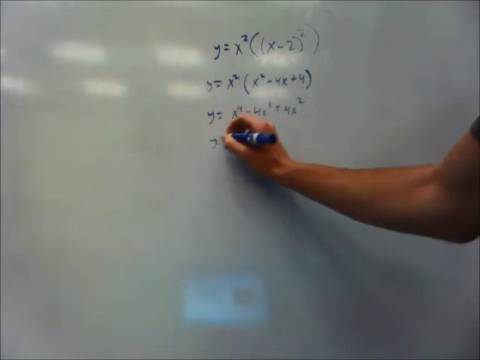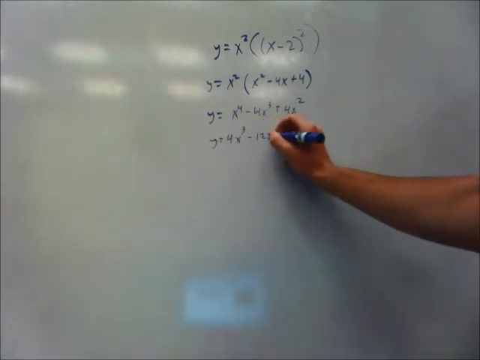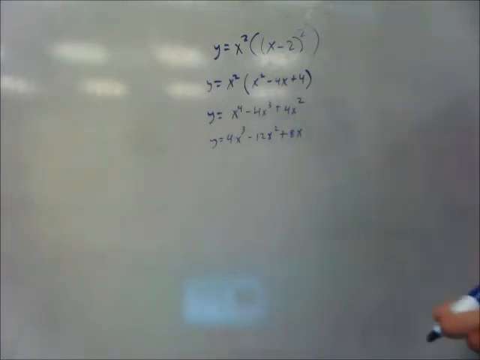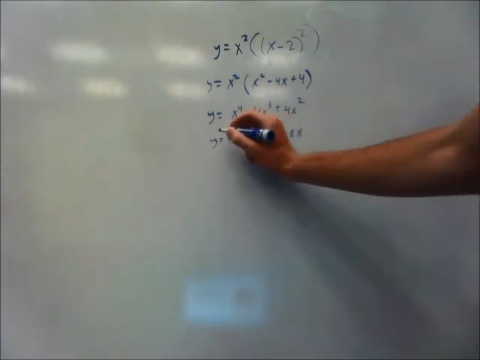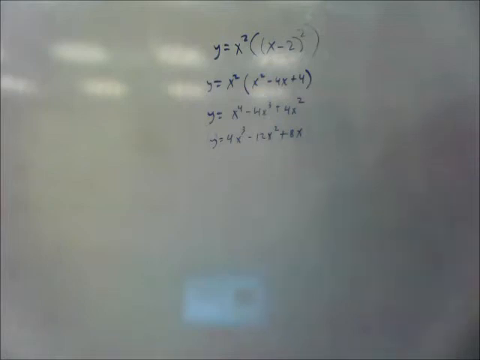And then from there you would just say 4x to the 3rd minus 12x squared plus 8x. There's your derivative. You didn't have to use the product rule. Voila.